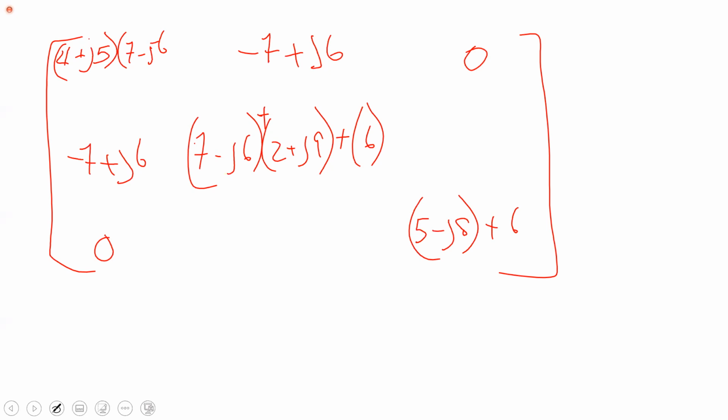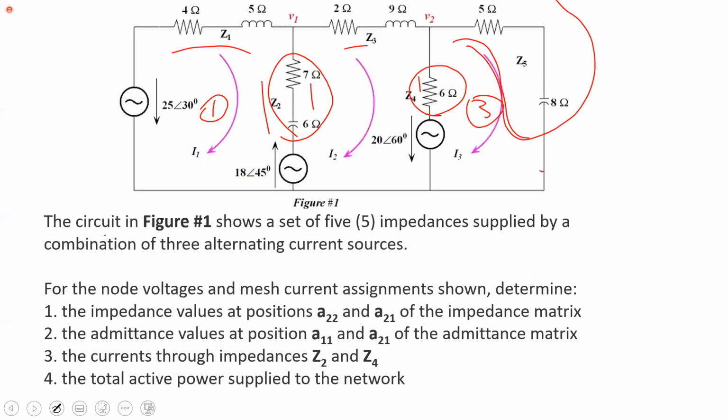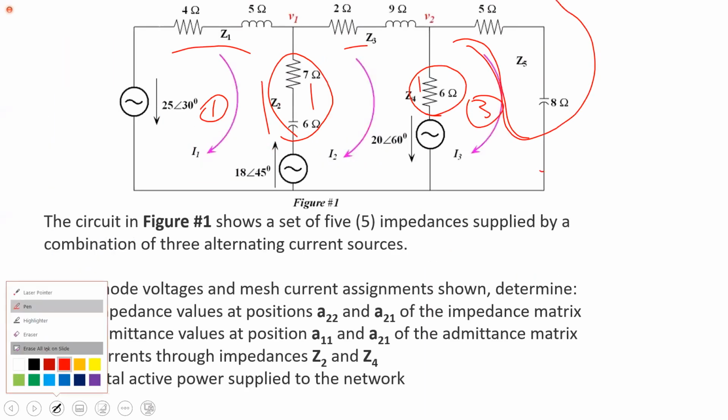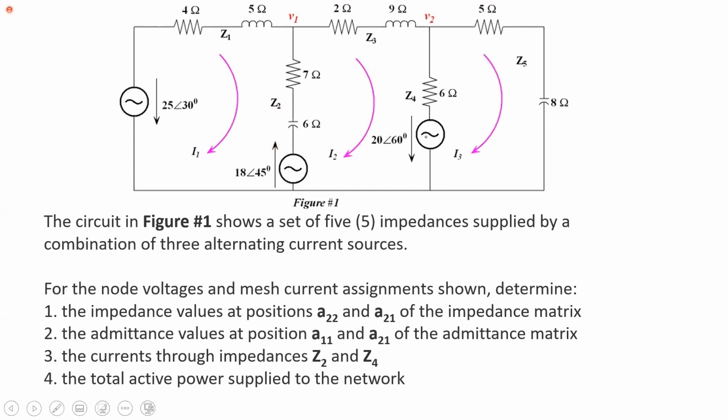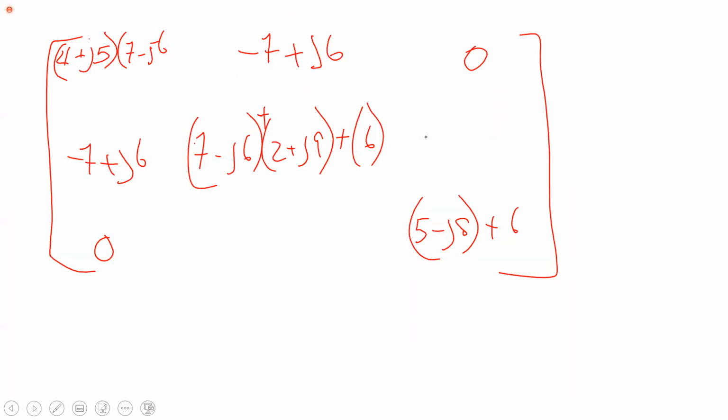And then between mesh 2 and 3, we have 6. So we'll have here minus 6, minus 6.